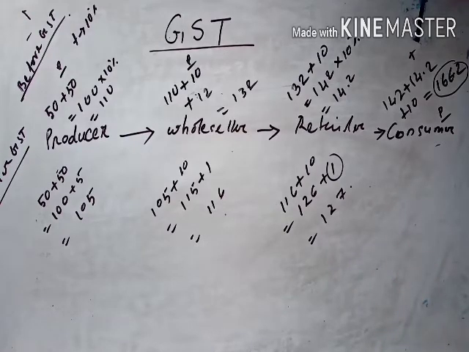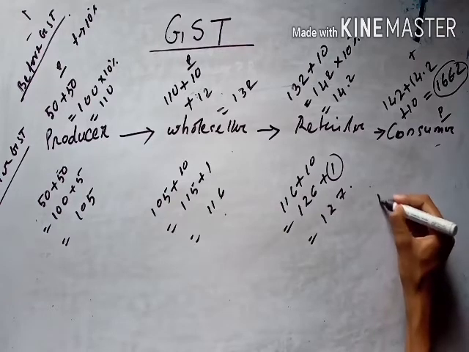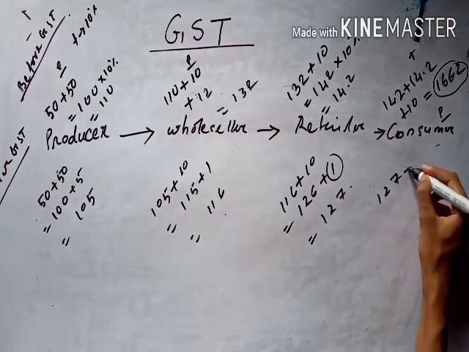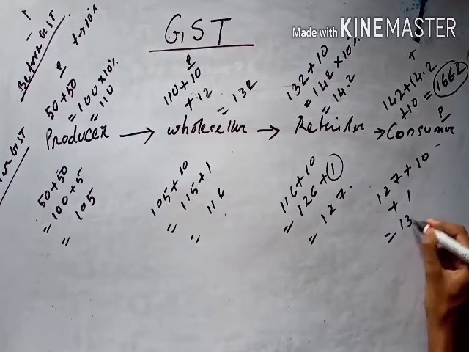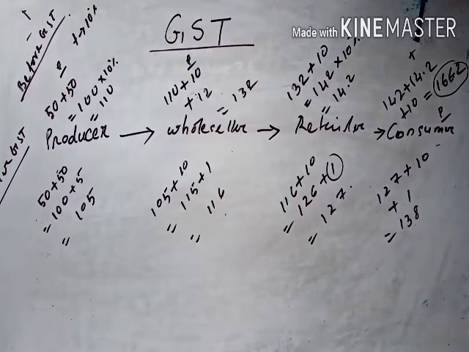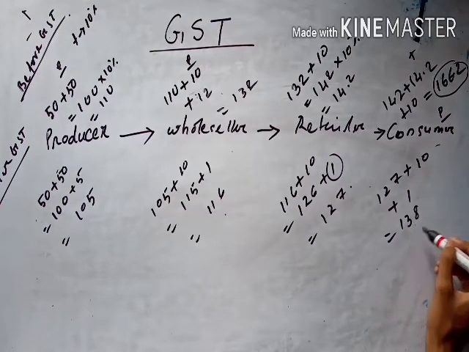And the cost price for the consumer is 127 plus 10 rupees plus 1, which is 138. So you can see the difference between 166.2 and 138.